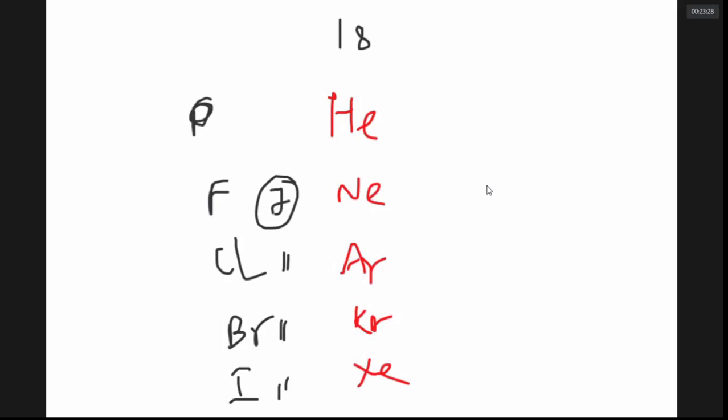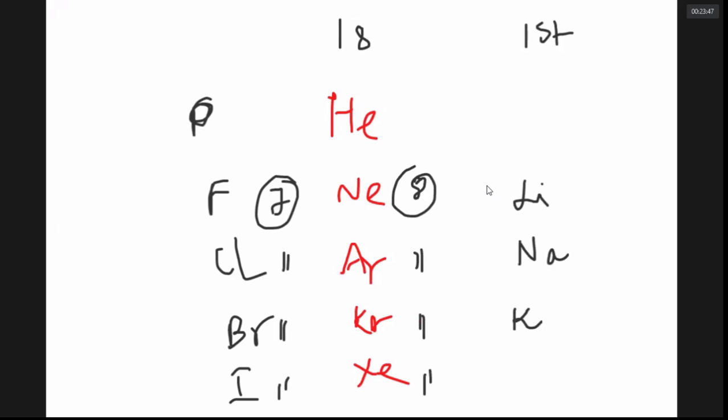The noble gases have 8 electrons in the valence shell, the outer level. After the 18th group, you have first group elements like lithium, sodium, potassium, rubidium.